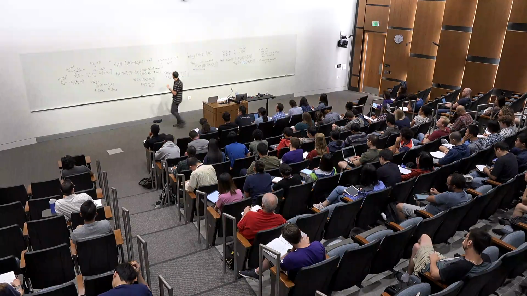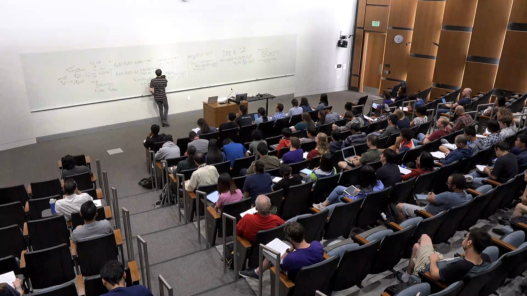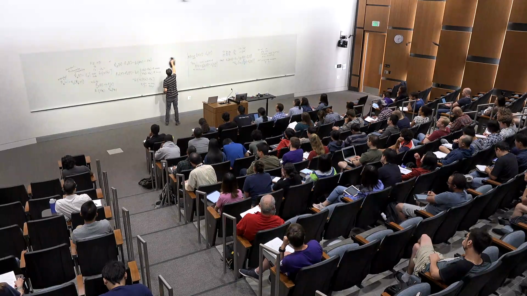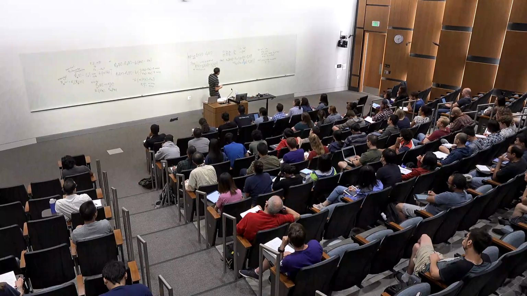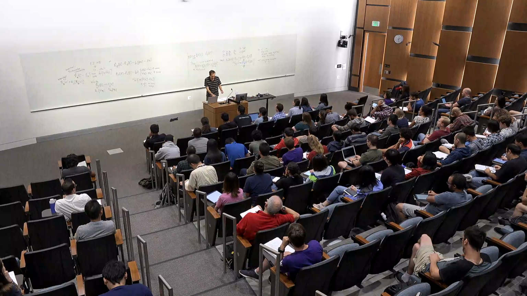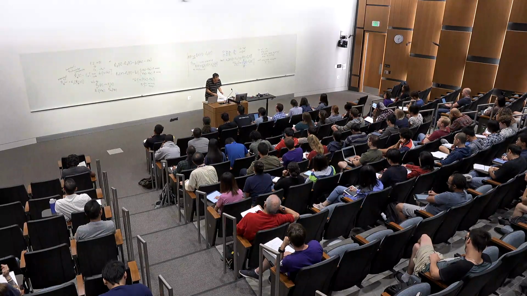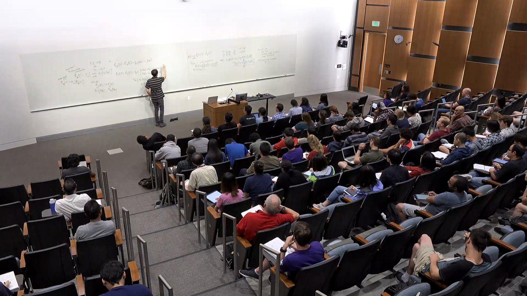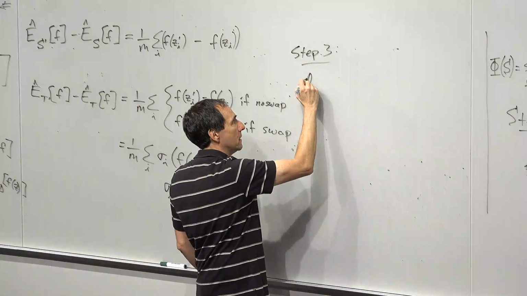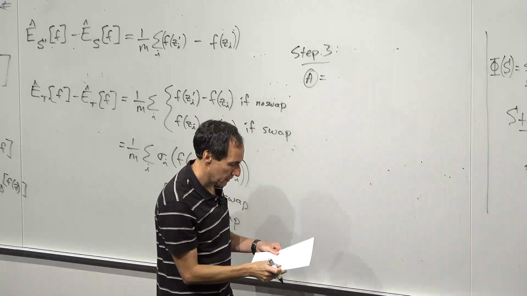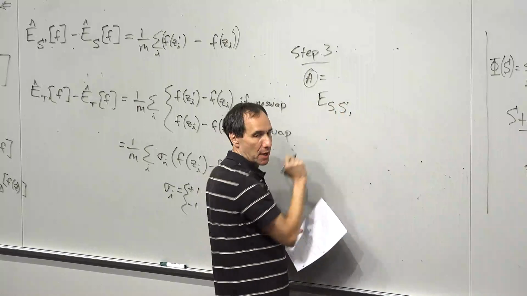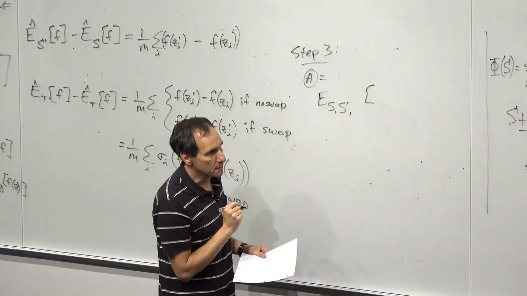Okay? So just to summarize this, what we've shown, let me call it A, for lack of a better name. So what we've shown is that expression A can be written out as the expected value over S and S prime. I'll fill in something else here later.